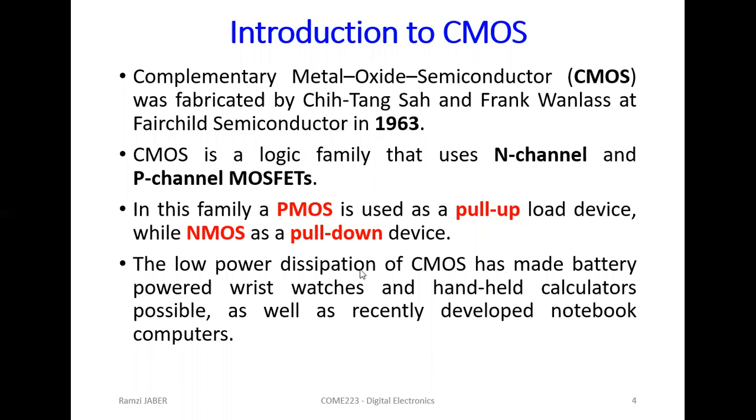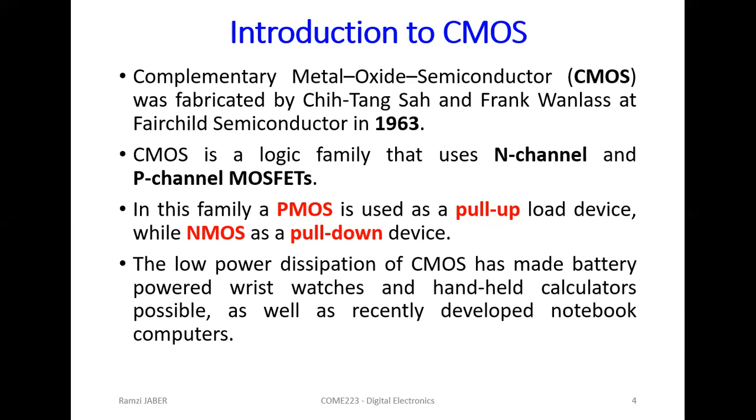Because we use this golden rule, the low power dissipation of CMOS has made battery-powered wristwatches and hand-held calculators possible, as well as recently developed notebook computers, laptops, embedded systems, IoT devices, and healthcare applications inside the hospital, and every small application of small devices.